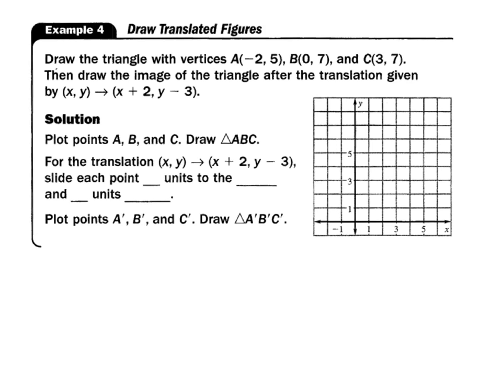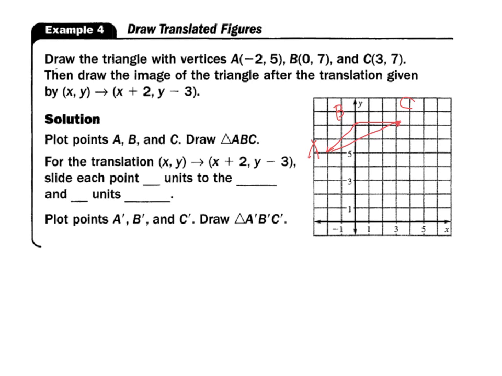If I have negative 2 and 5, it is here, and 0, 7 is here, so this is B, this is A. C is 3, 7, so 1, 2, 3, 7 is there, so this is C. Ooh, not the easiest thing to draw on an iPad with glass.